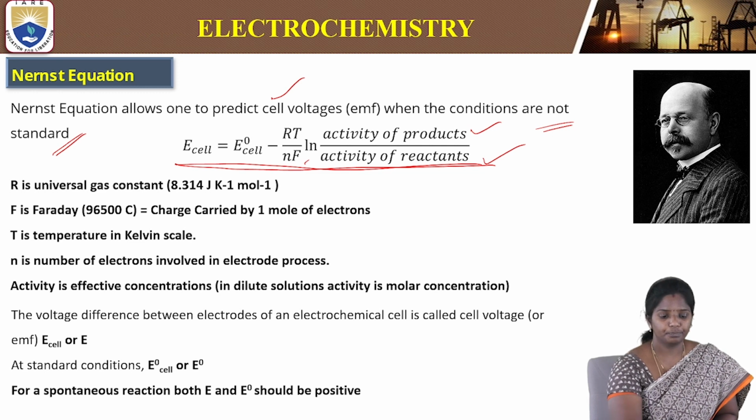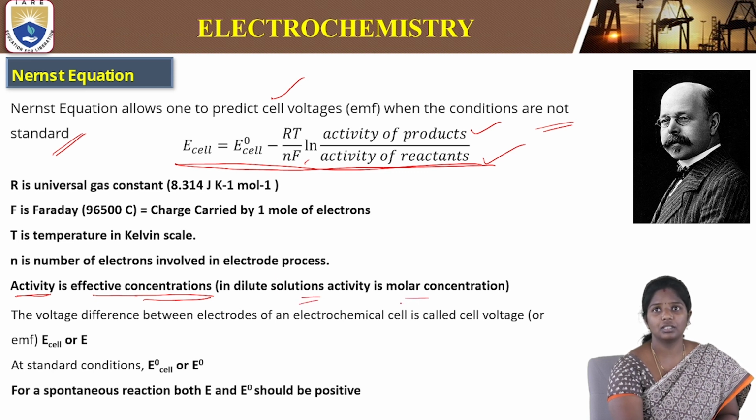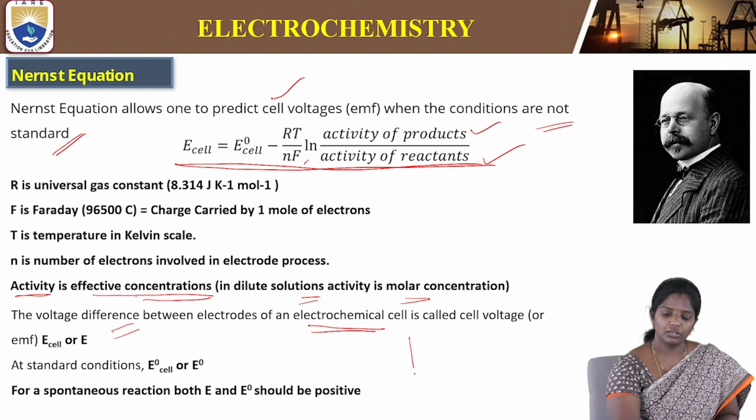So, for example, activity is the effective concentration of the metals or the elements present in the electrolyte. In dilute solutions, it is represented as molar concentration. For any electrochemical cell, two electrodes are present.